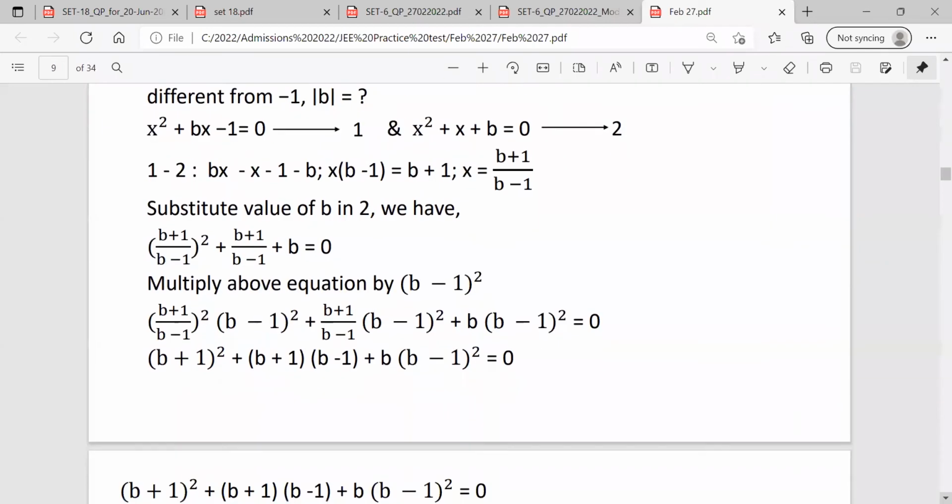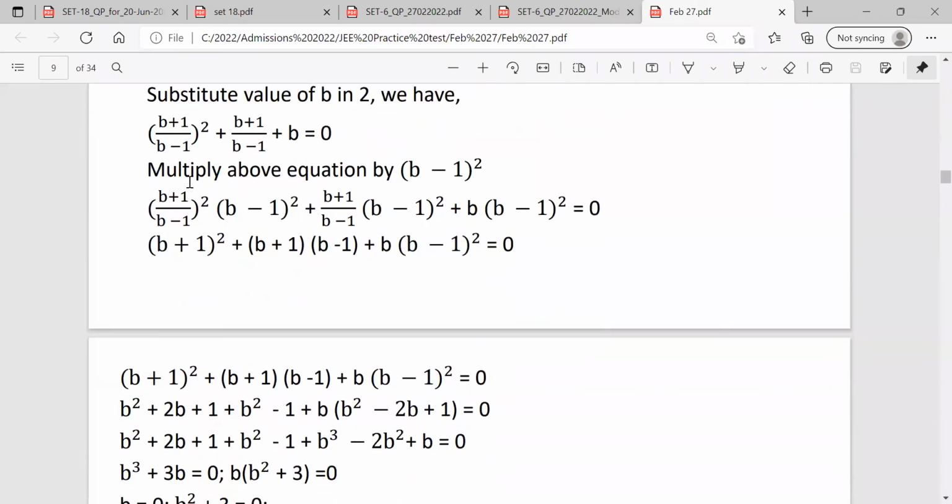So this is how you're going to arrange an equation. Here we have the statement as b plus 1 whole square plus b plus 1 multiplied by b minus 1 plus b multiplied by b minus 1 whole square equal to 0. Now I'm just going to solve this equation. We know b plus 1 whole square, we are going to expand this. And what is b plus 1 into b minus 1?